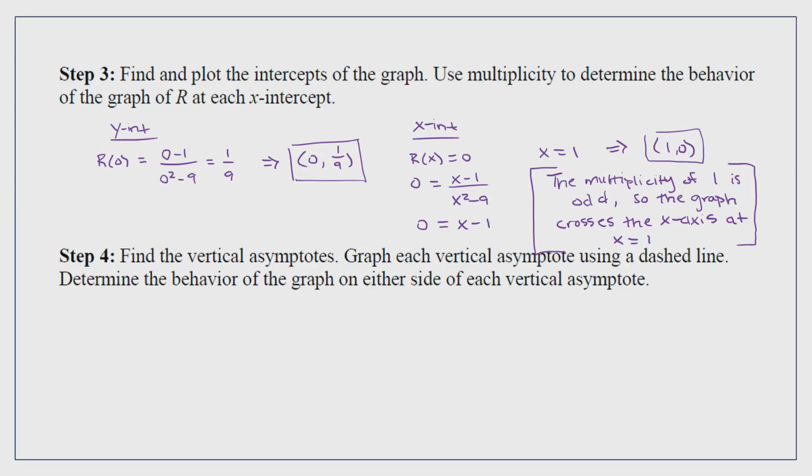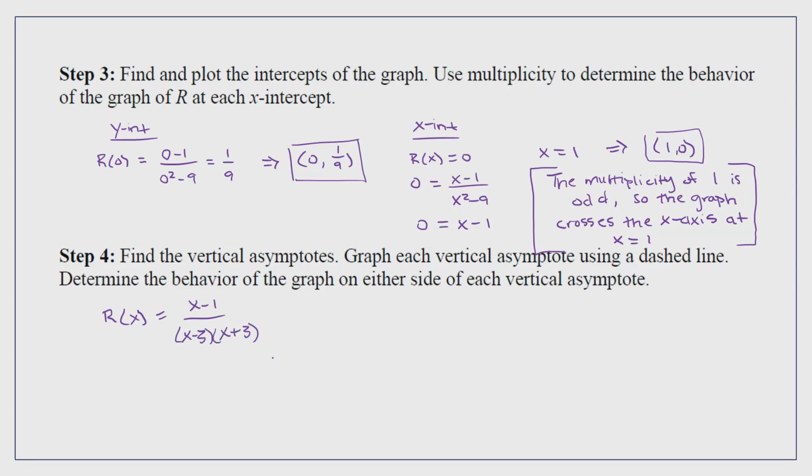Now we want to find the vertical asymptotes. We graph each vertical asymptote using a dashed line and then determine the behavior of the graph on either side of each vertical asymptote. Remember, the vertical asymptotes are the real zeros of the denominator. When we factored r of x, we got x minus 1 over x minus 3 times x plus 3.